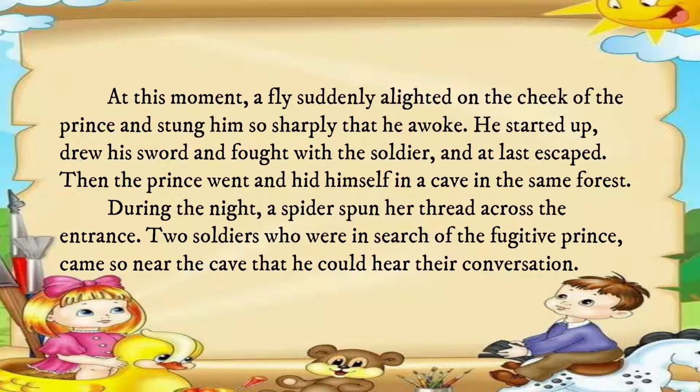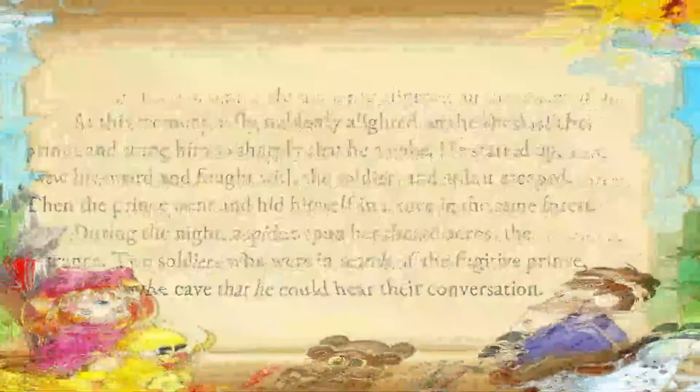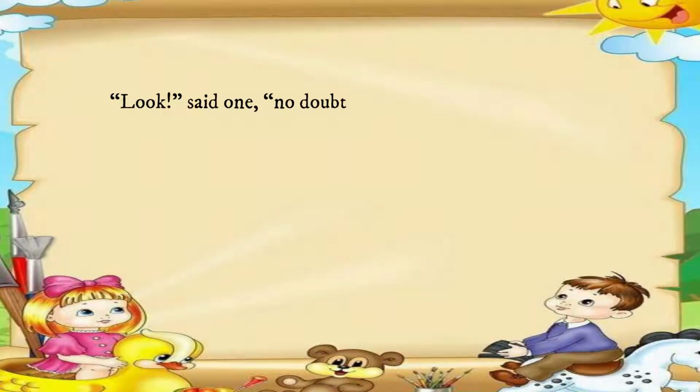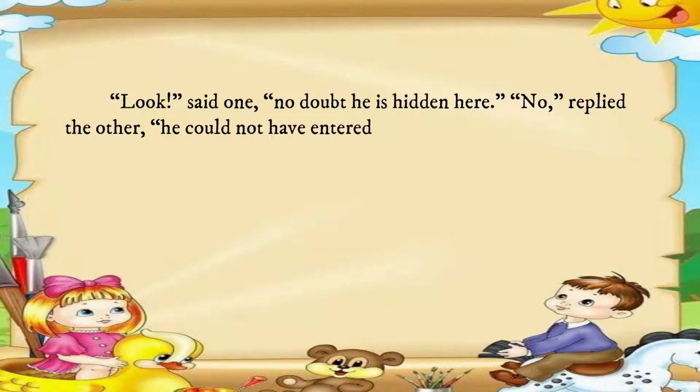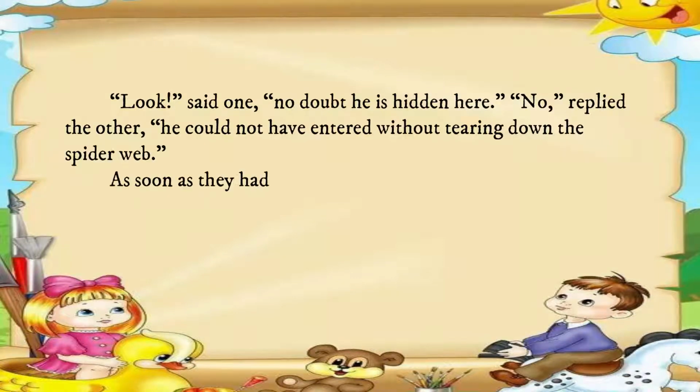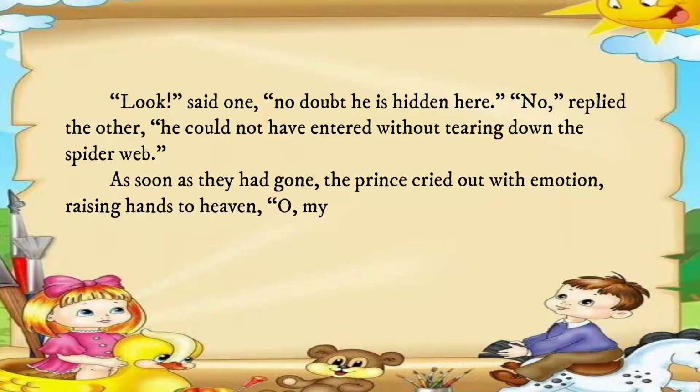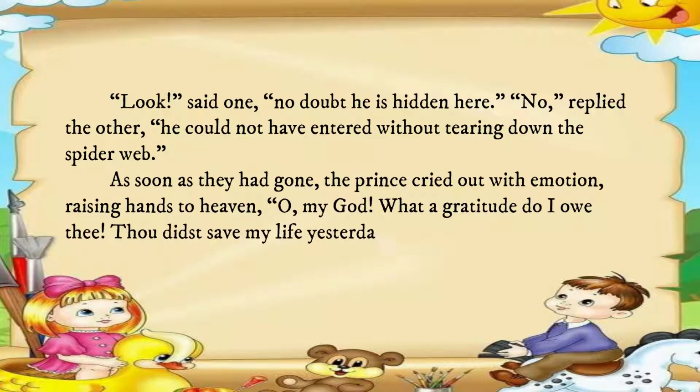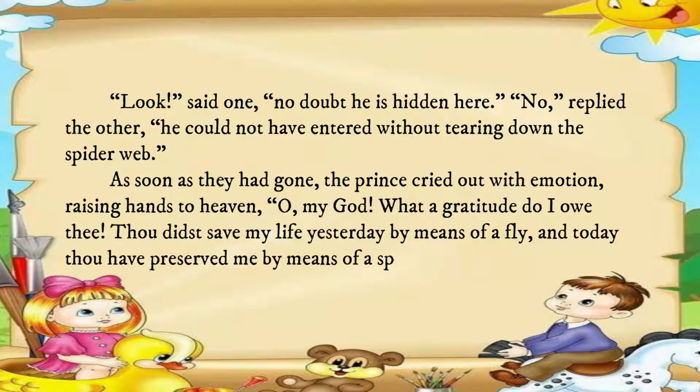Two soldiers who were in search of the fugitive prince came so near the cave that he could hear their conversation. "Look," said one. "No doubt he is hidden here." "No," replied the other. "He could not have entered without tearing down the spider web."